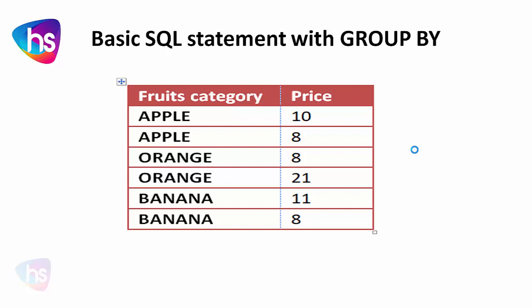Here we are seeing 6 data rows, whereas if we group them, they will be treated as 3 categories only: one is apple, one more is orange, and another one is banana. So how can it be done by grouping the records?